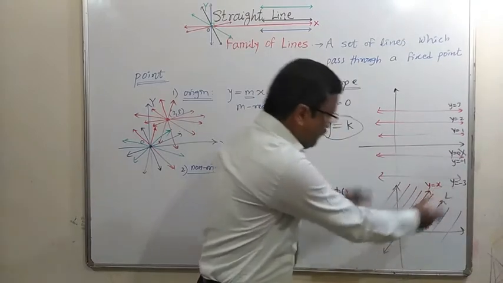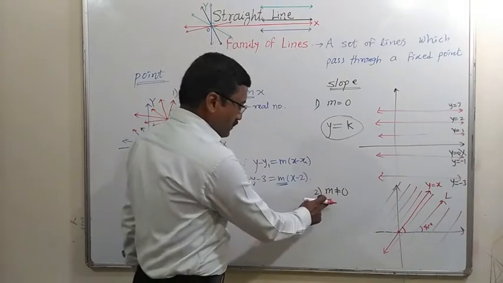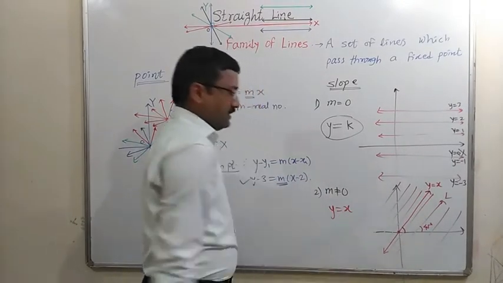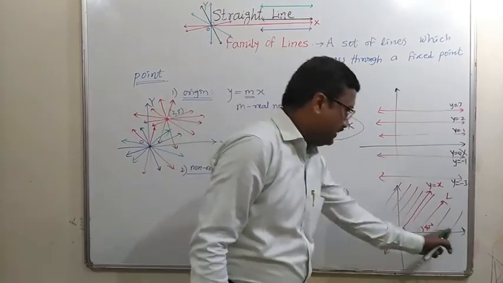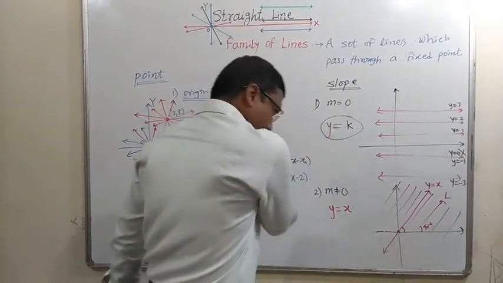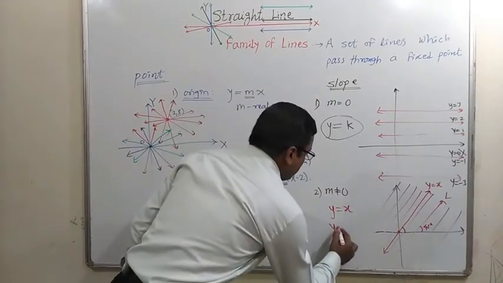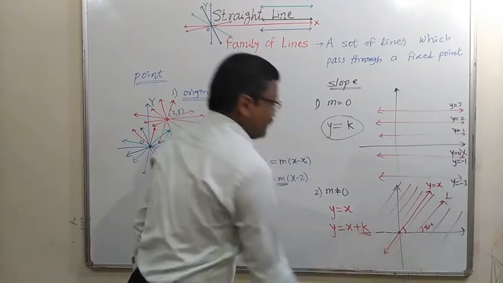So there are again infinitely many lines parallel to y equal to x whose slope is not equal to 0. The equation of a line parallel to y equal to x may be y equal to x plus k, for different values of k.